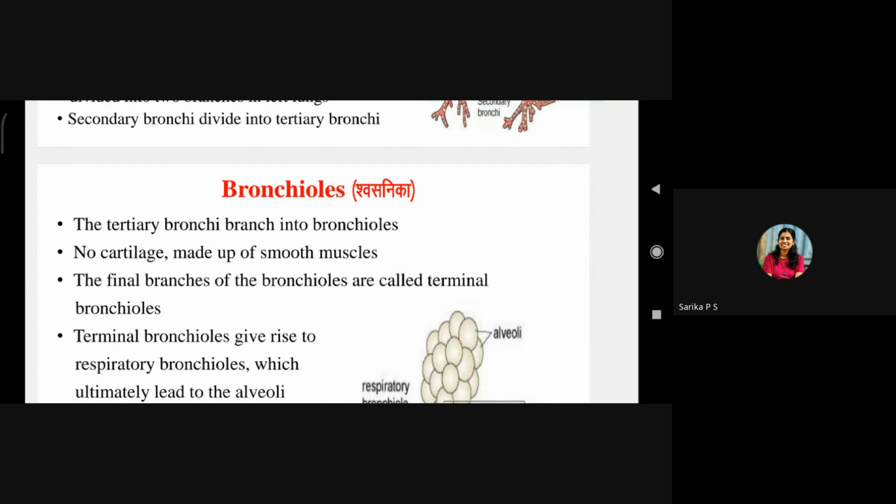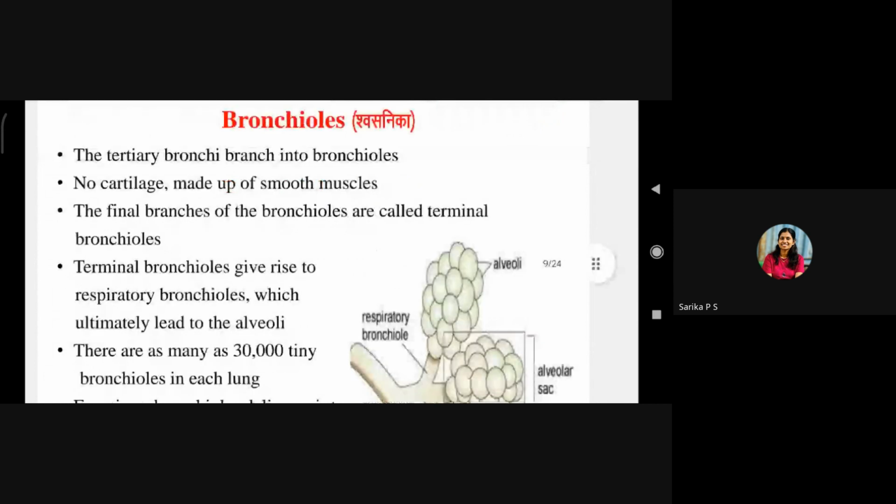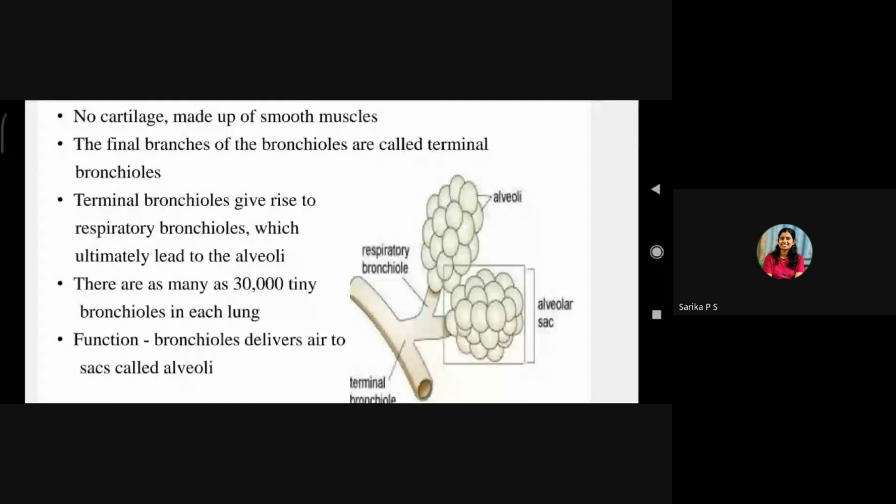Terminal bronchioles give rise to respiratory bronchioles, which ultimately lead to alveoli. So the final portion is alveoli, the last portion of these divisions. We discussed yesterday how alveoli look, and in this picture you can also see how alveoli look when they are branched together.